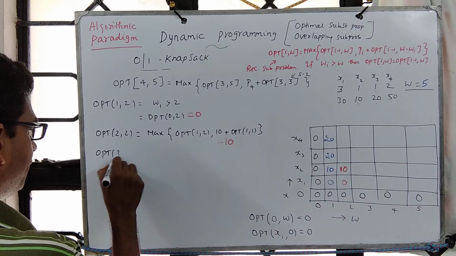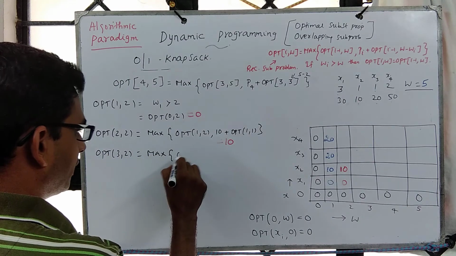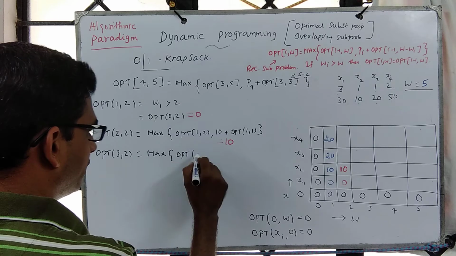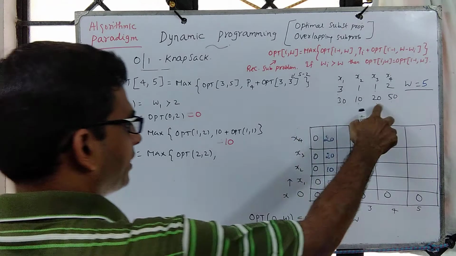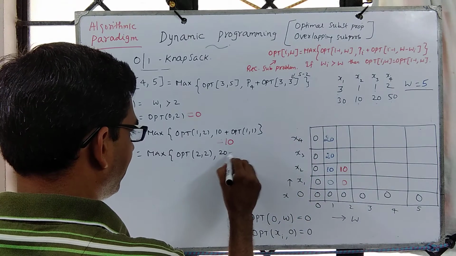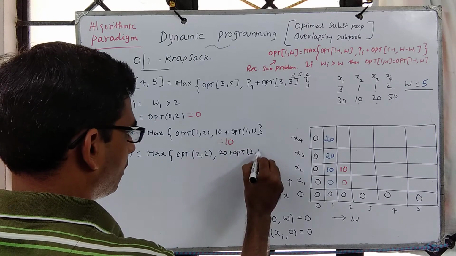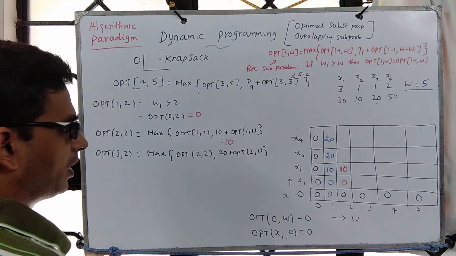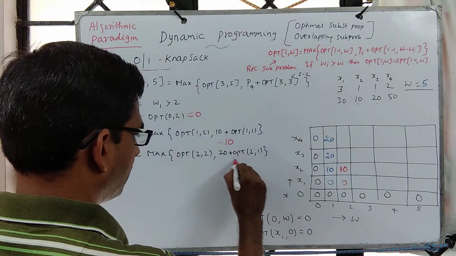Next, look at opt of 3 comma 2, which is a max of opt of do not include this, or include third object, get a profit of 20 and work with 2 comma 1, and 2 comma 1 is 10.